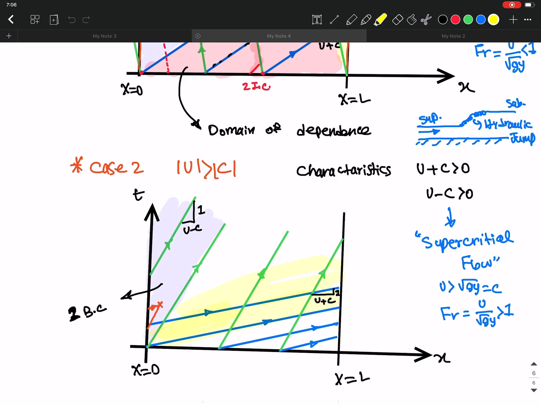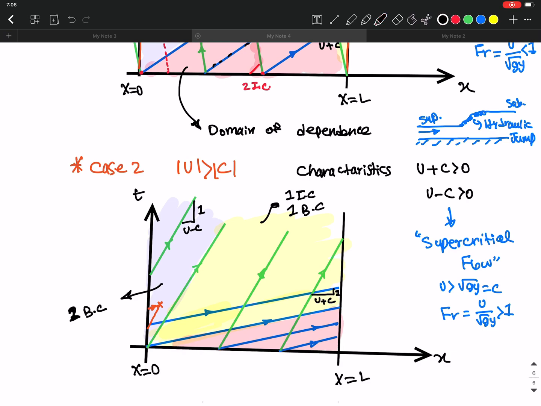So in this region, you need one initial condition and one boundary condition. And then in this region, you just need two initial conditions.